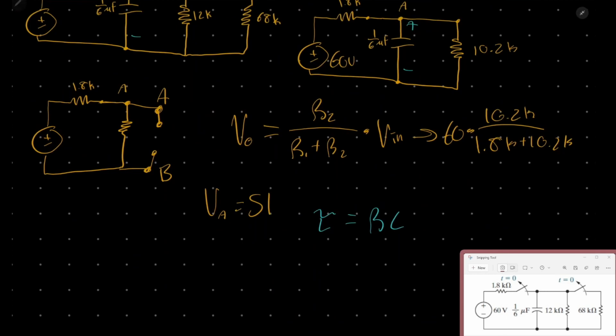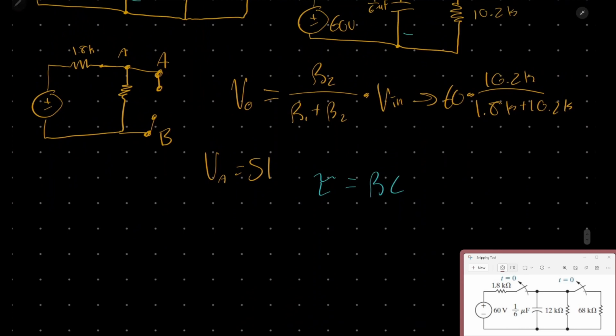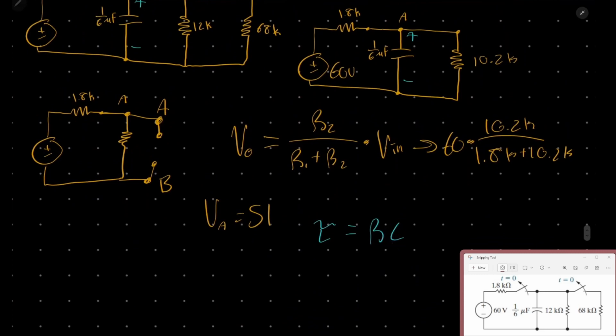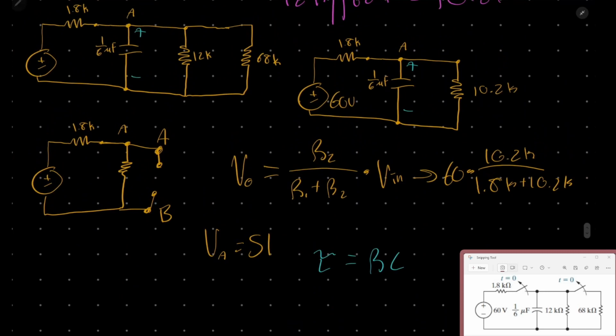Okay, where were we? Okay, tau. In order to find tau, we need to multiply the resistance that the capacitor sees with the value of the capacitor.